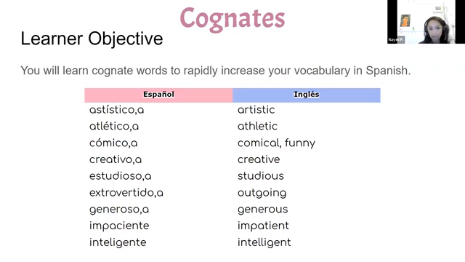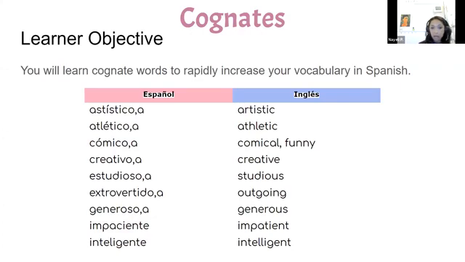And atlético and cómico. Well, that comma and the A is because when you are referring to male figures, male people, you have to use an O. The words are going to end in an O. And if you are referring to a female, like for example, Shakira, you would not say Shakira es artístico.